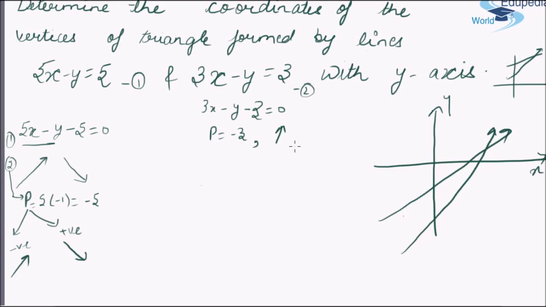Friends, what is y-axis? This whole thing is y-axis. That is the points 1, 2, 3, etc. and negative on this side. All these points have one thing in common. That is, their x coordinate is 0.